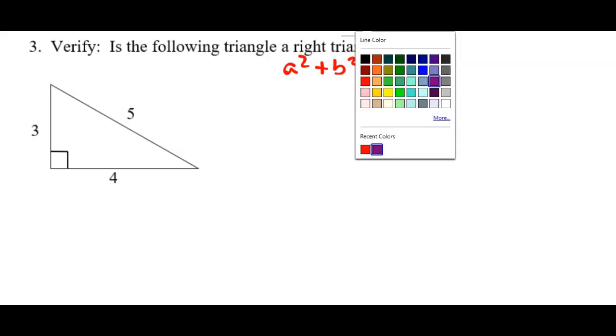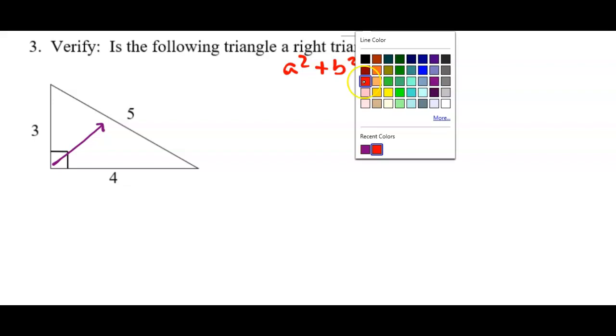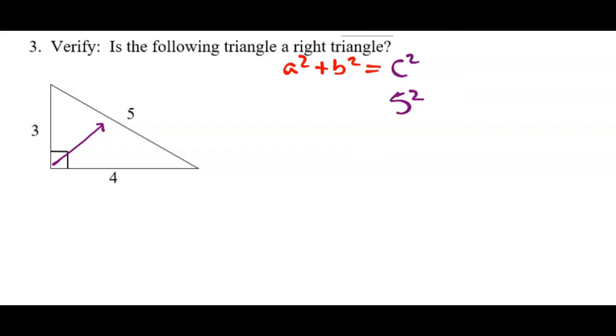So, what's my c? Remember, my c comes from the side that's opposite the right angle. So make sure that number is there. So that's 5 squared. All right, so now I'm going to check my a squared and b squared. So that's 3 squared plus 4 squared.